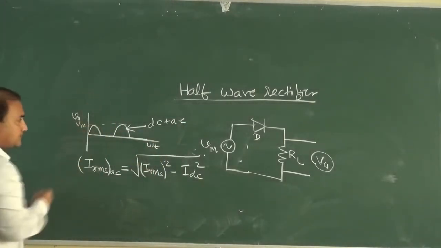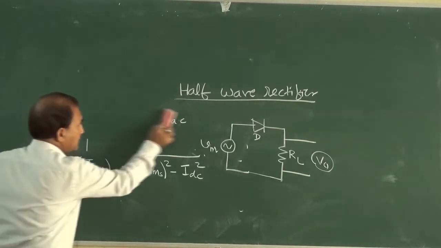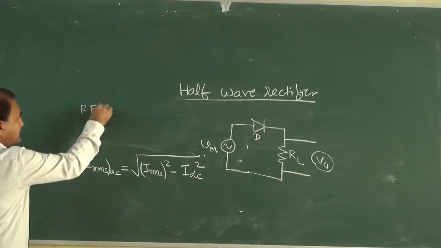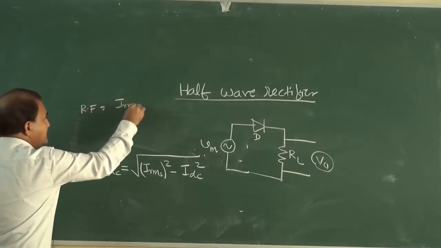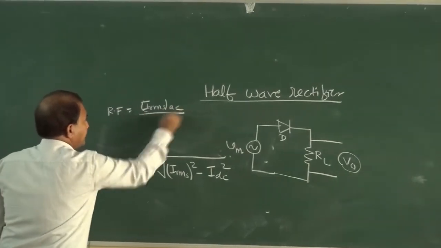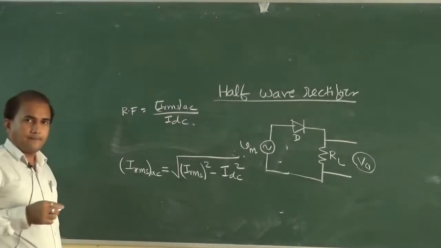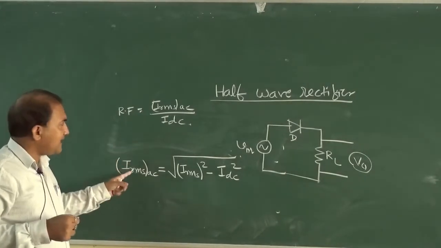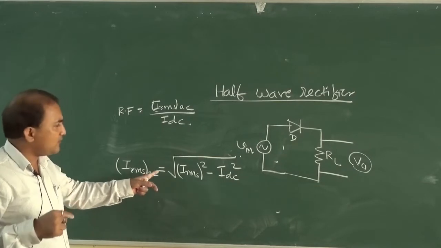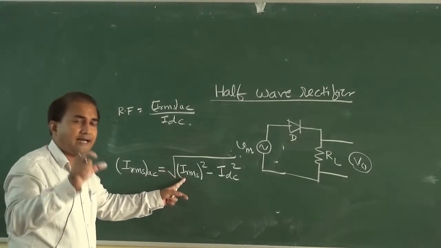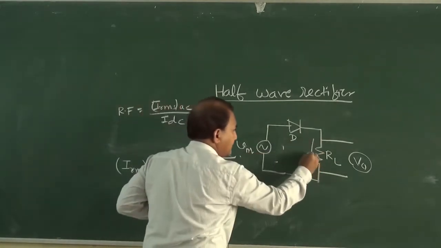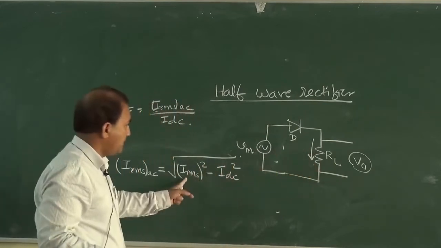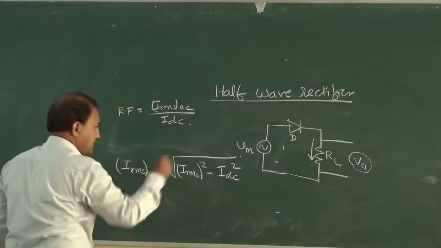So ripple factor is equal to I RMS of only the AC component divided by IDC. By using this formula, we can calculate the ripple factor. So I RMS of only the AC component is equal to the square root of I RMS of the load current, the load current that appears across this RL, minus IDC square.